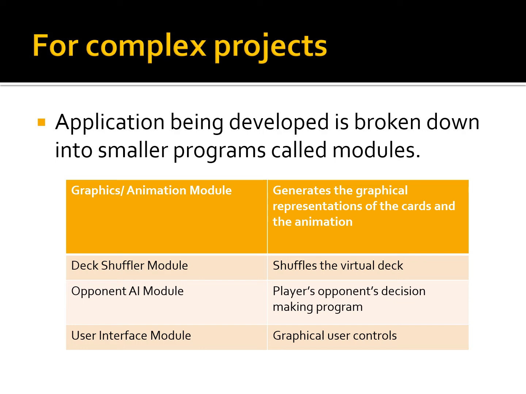Here is an example of a card shuffler wherein if you notice in the graphics animation, the module is divided or broken down into 3 modules. We have the deck shuffler, the opponent AI module, and the user interface module. So meaning to say, for complex applications or complex coding of programs, you can break down those programs into smaller parts called modules.